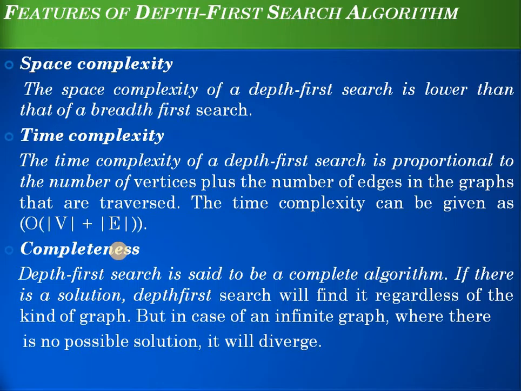But in breadth first search we visit all the nodes until we get the solution, so that is complete. Depth first search is not complete because if a loop occurs, we are not able to visit all the nodes.